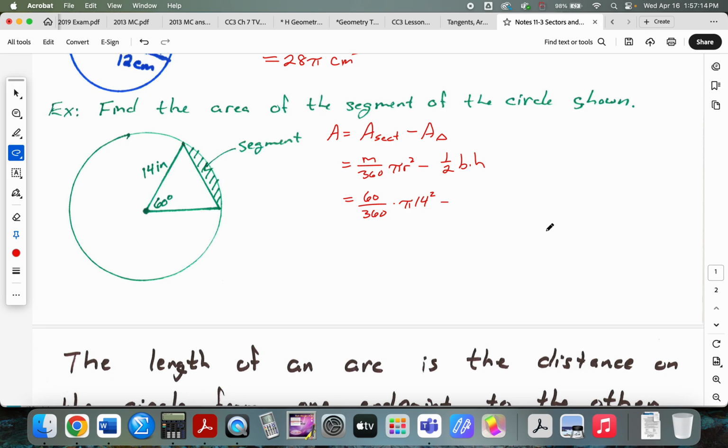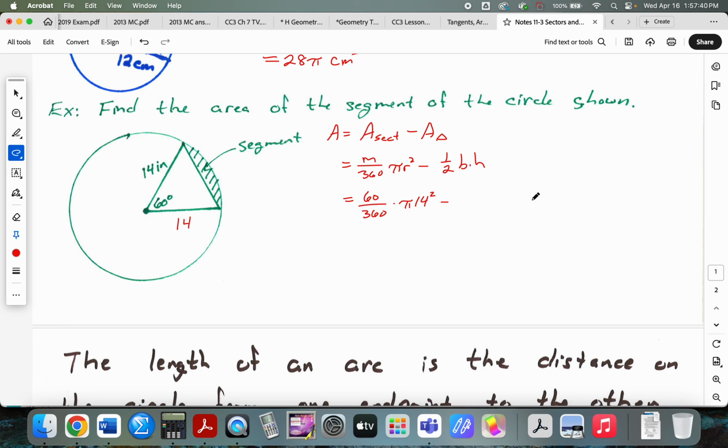Minus, in order to find the area of a triangle, we need to know the base and the height. What we're going to do is realize that all radii are congruent, so this is 14 also. That means that that's an isosceles triangle.